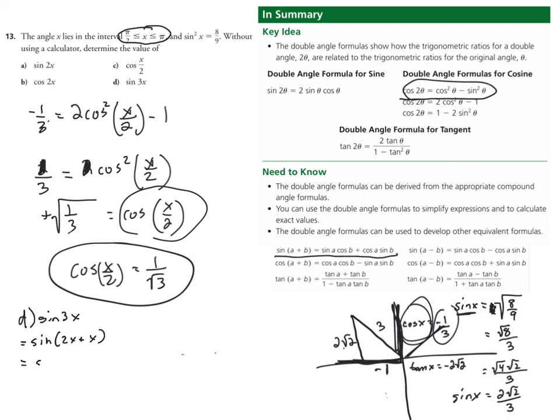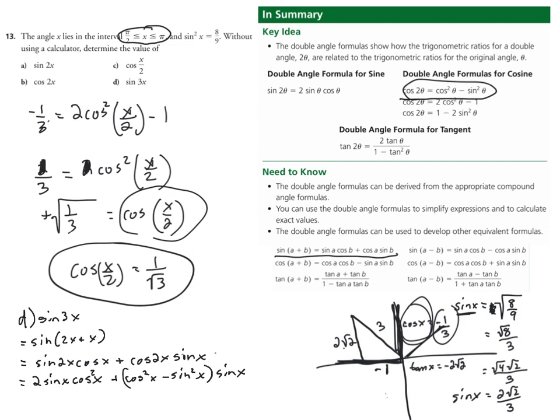So you're going to say sine 2x cos x plus cos 2x sine x, and that equals 2 sine x cos x, that's for sine 2x, and that is times cos x, so we can say cos squared x, plus cos of 2x. I never know which one to use. Let's go cos squared x minus sine squared x. So cos squared x minus sine squared x, and that is times sine x.